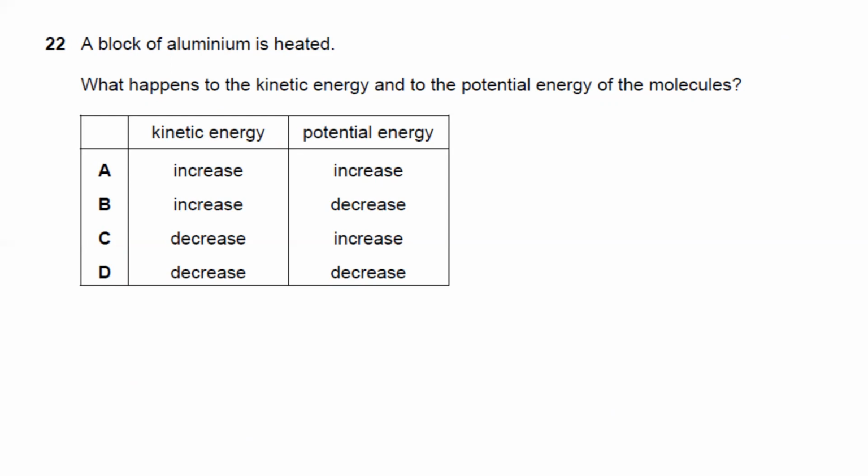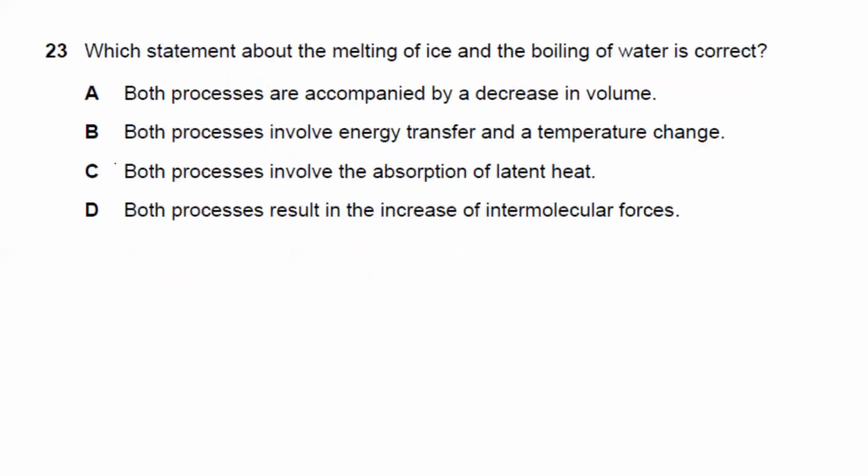If we have to derive a relationship, the potential energy gained because of heating is approximately 2 times the kinetic energy gained by heating. So yes, both kinetic energy and potential energy for the metal shall increase. So answer will be A.